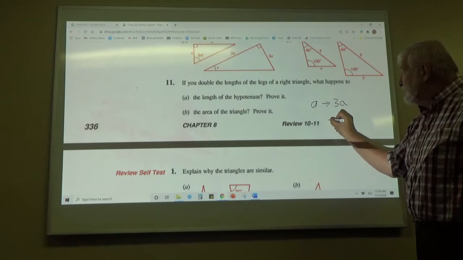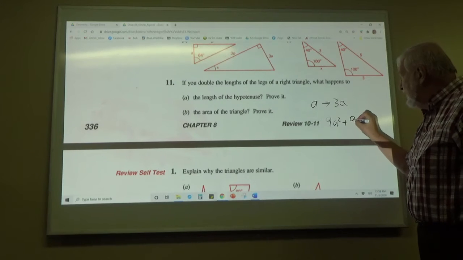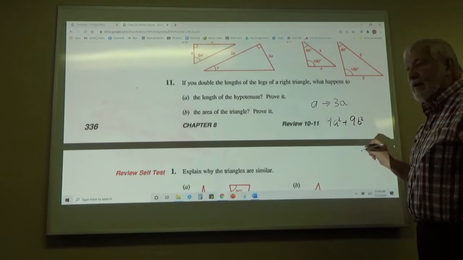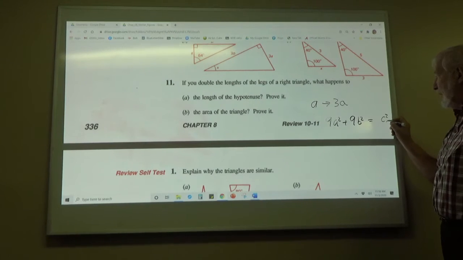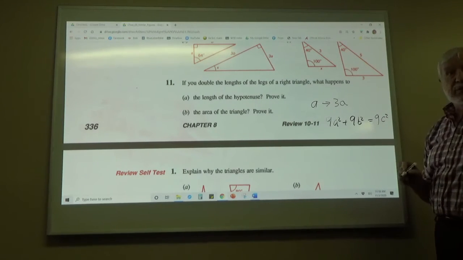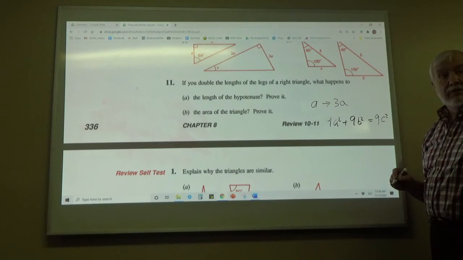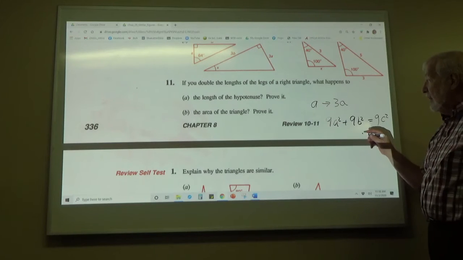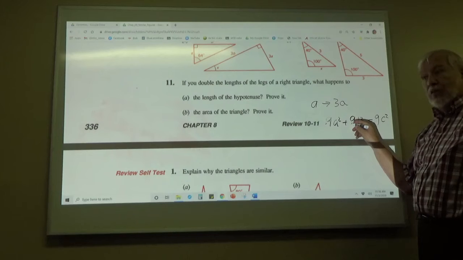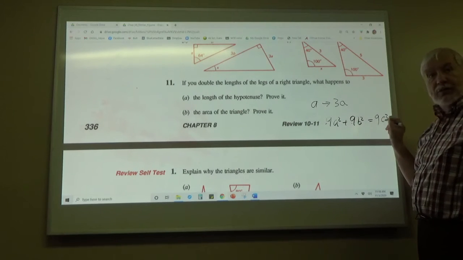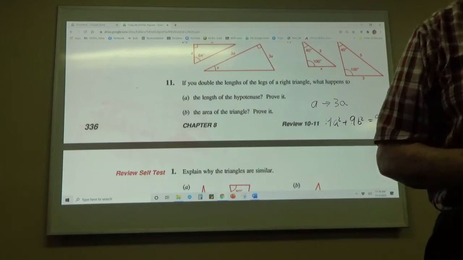So this becomes 9a squared plus 9b squared, and that's going to equal how many c squareds? It's going to equal 9c squared. Right? So if we doubled it, it would be 4a squared plus 4b squared would have to be 4c squared, right? Because both numbers are multiplied by 2, both sides.